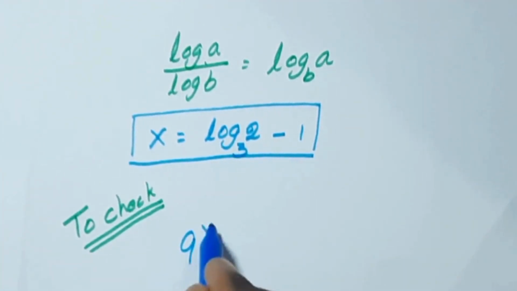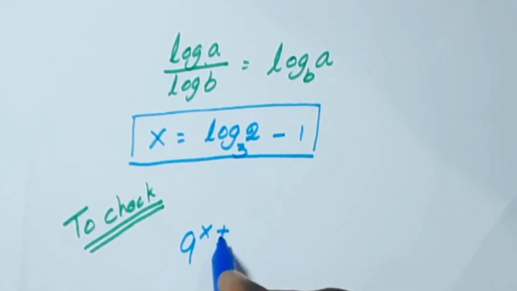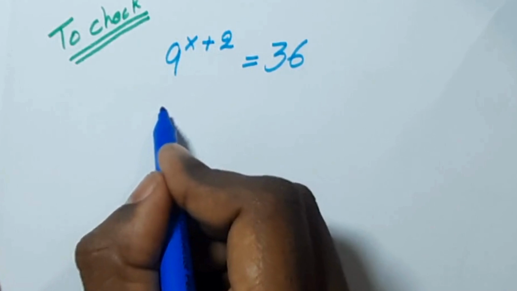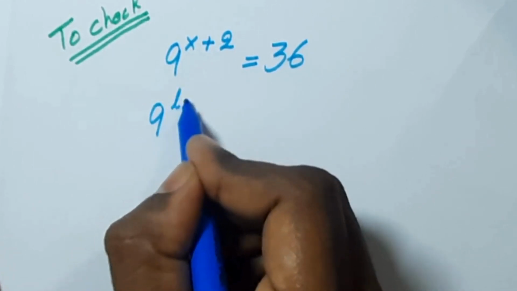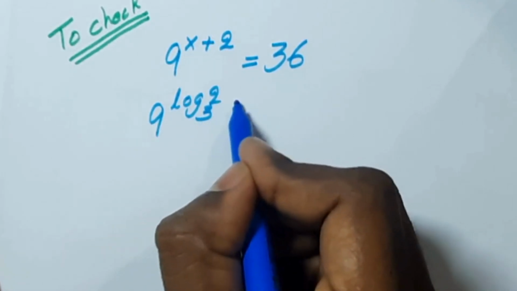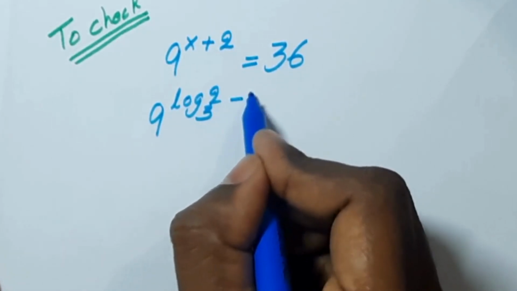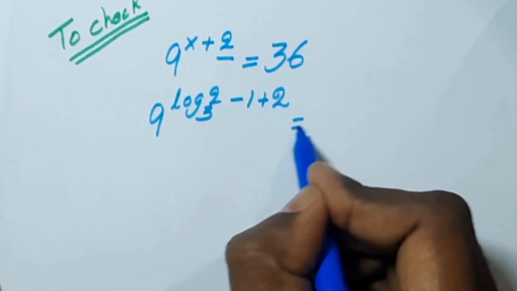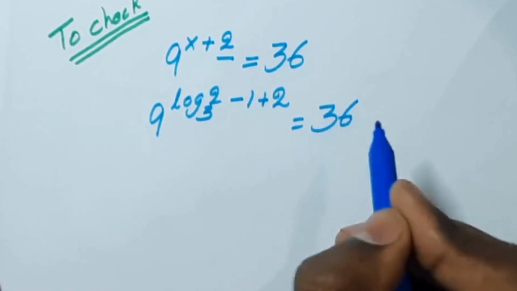Now to check: 9^(x+2) = 36. 9^x is 3^(log 2 base 3 minus 1). This plus 2 equals 36.